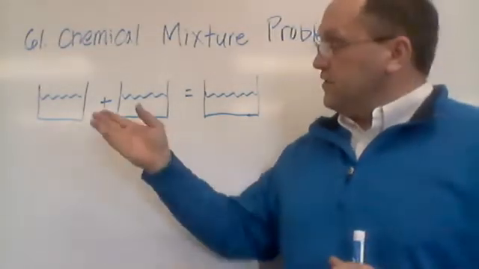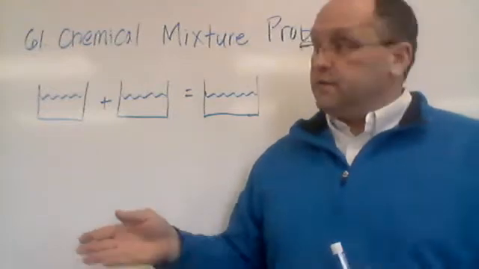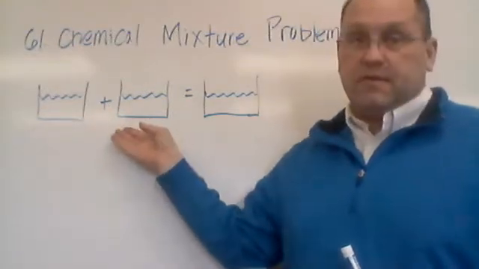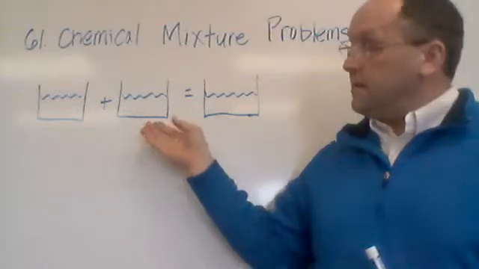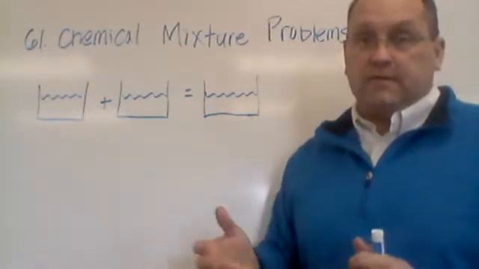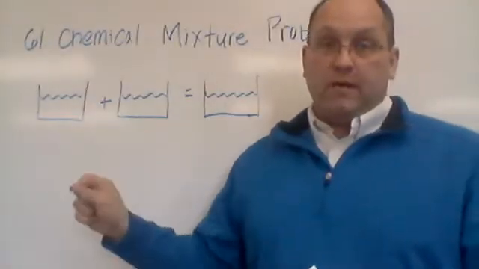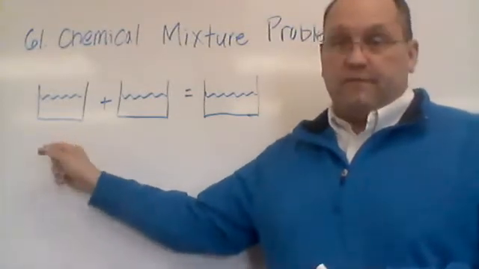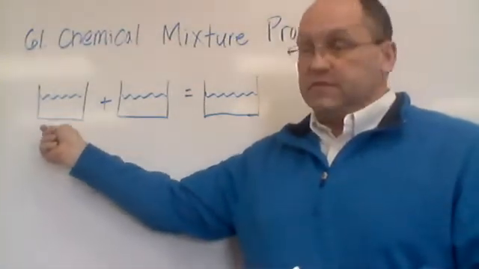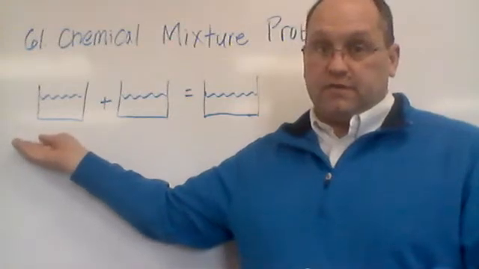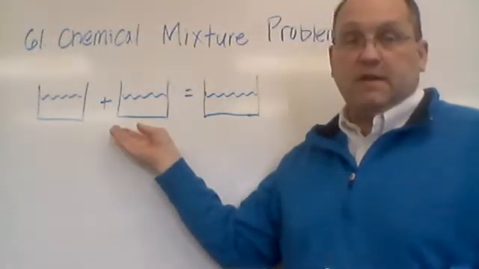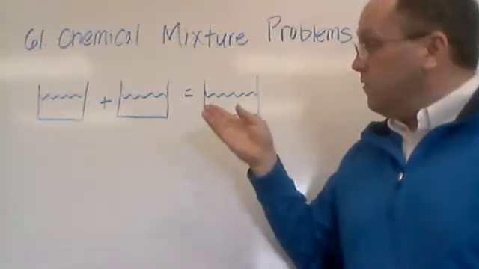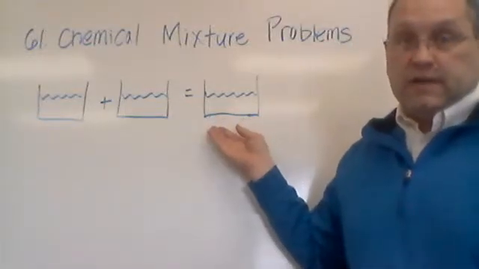The total amount of solution when we add them together is going to equal what the final is added together. And also the component parts of the solutions when added together, for instance, the amount of salt in the first solution plus the amount of salt in the second will equal the amount of salt in the third.